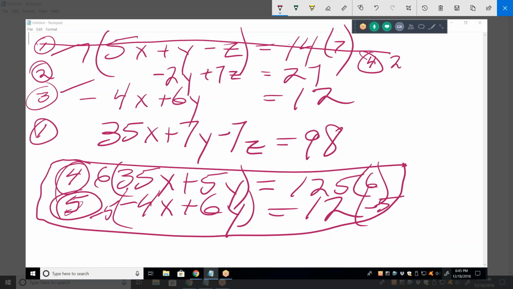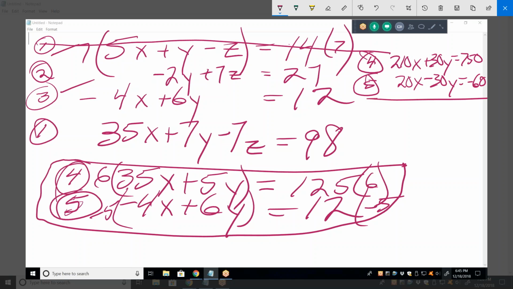So that's 210x plus 30y equals 750. And the new equation 5 is, we multiplied it by minus 5, right? So we get 20x minus 30y equals minus 60.